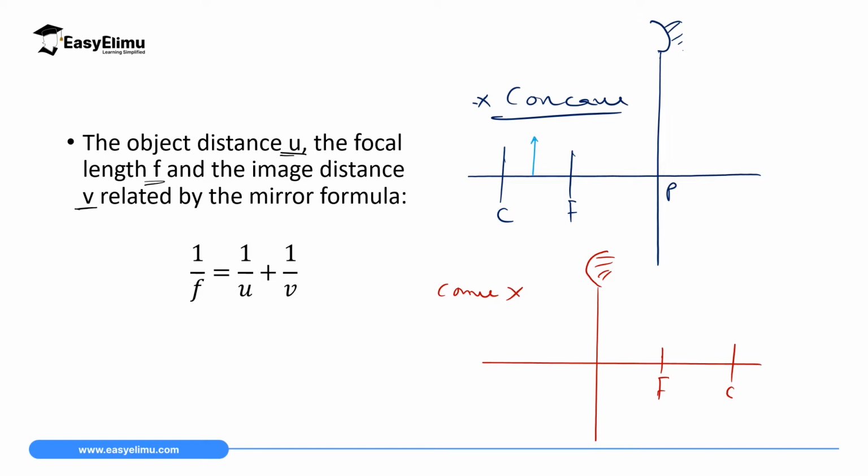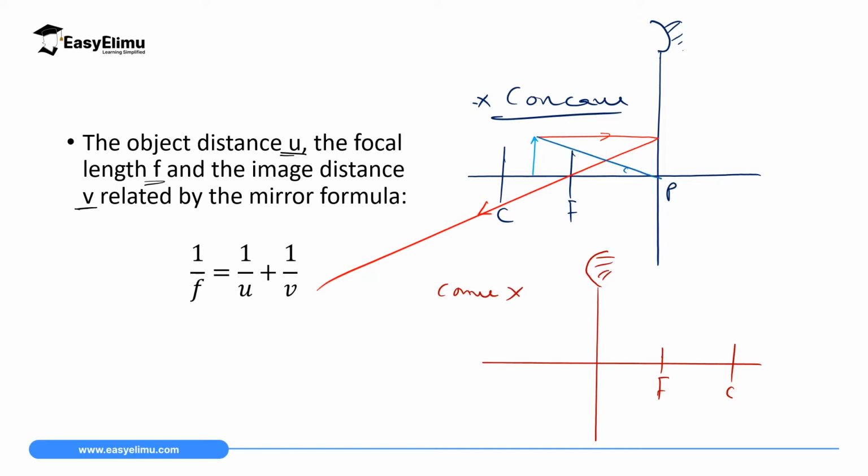We are going to draw two rays which will form the image of this object for a concave mirror. A ray parallel to the principal axis will be reflected along F, and it will look like this. So that is the first ray. Then for the second ray, we can draw a ray which forms an angle to the principal axis, and it will follow the laws of reflection.